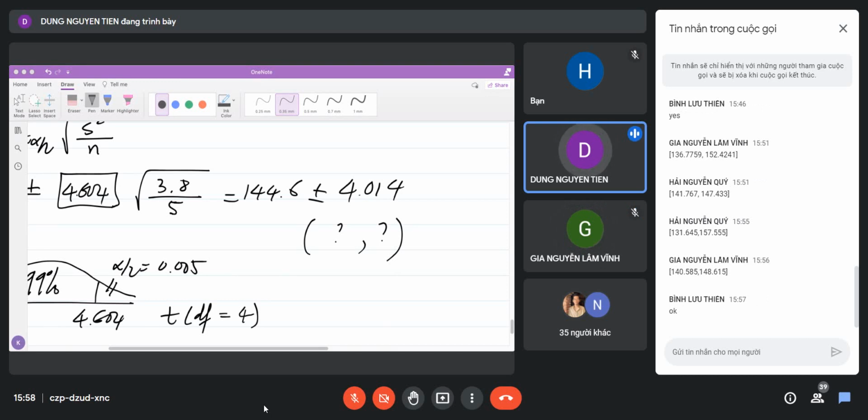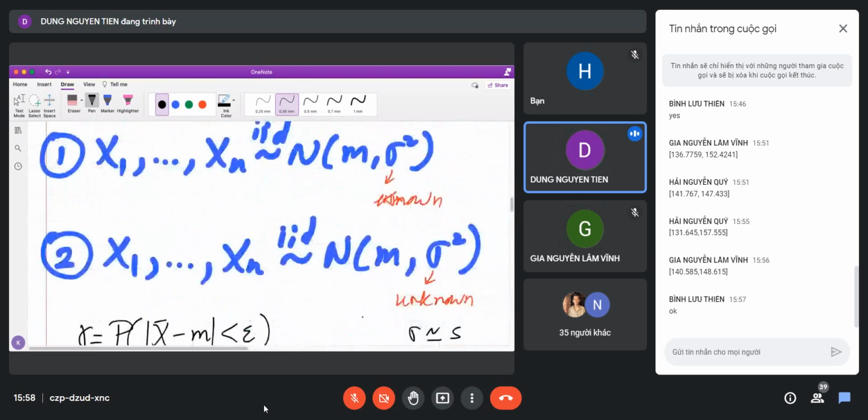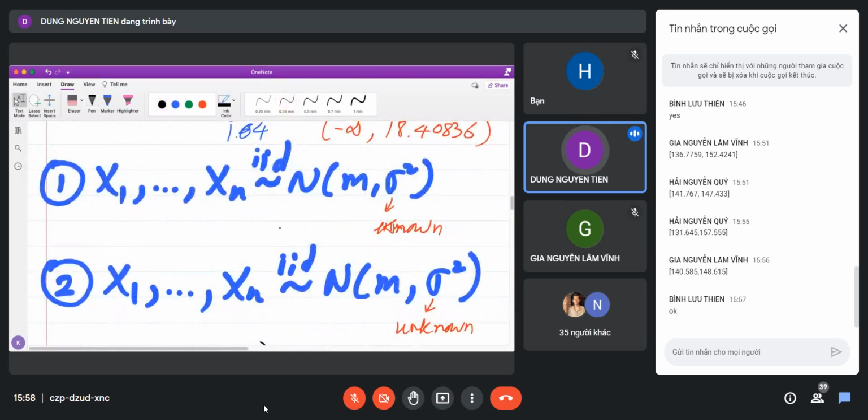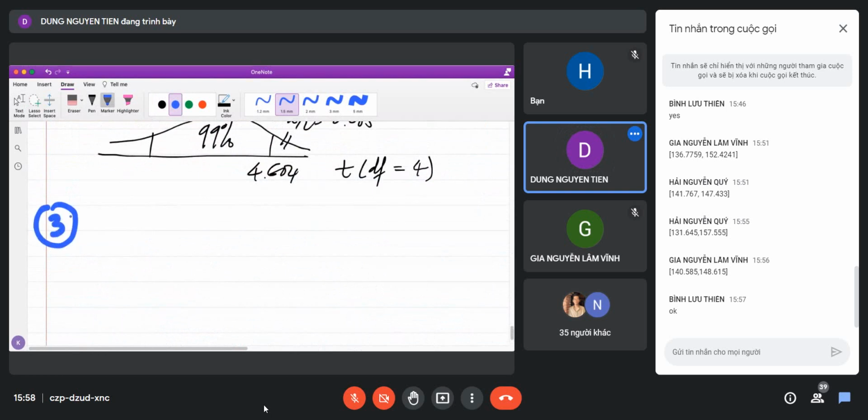All right. So for the first two cases, you can see that you need the assumptions that they are independent and they follow the same normal distribution. What if you don't know the distribution? So the third case should be x1, up to xn.